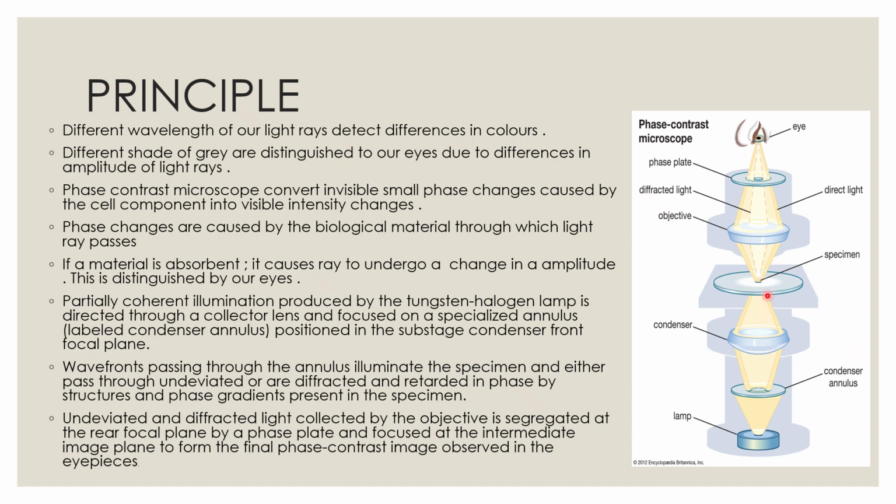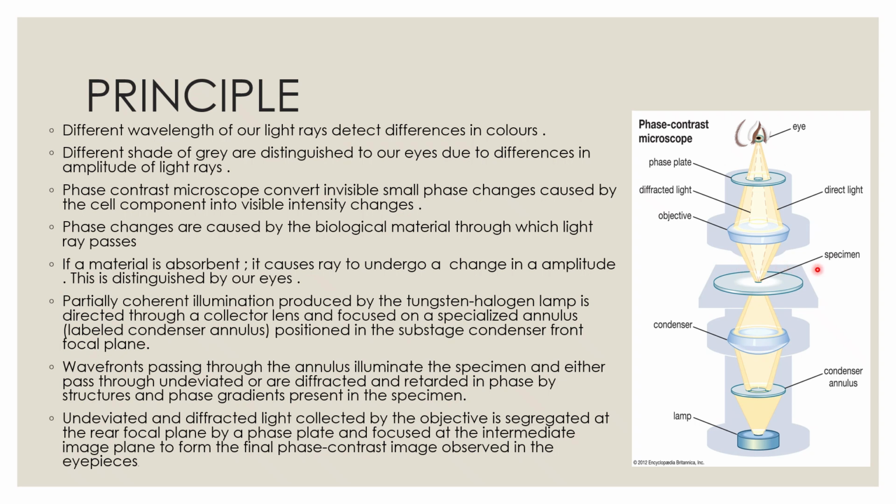From the condenser the light hits the specimen. Once the light hits the specimen, you can expect two types of light: undeviated light and diffracted light. What is undeviated light? Undeviated light is also called zero or zeroth order light, or surrounding light.